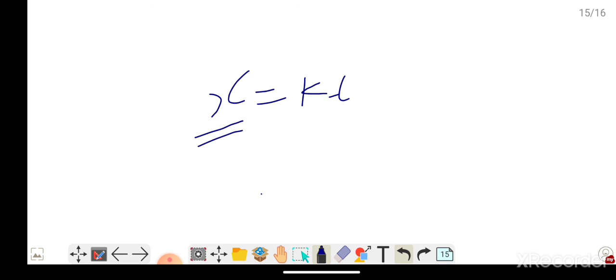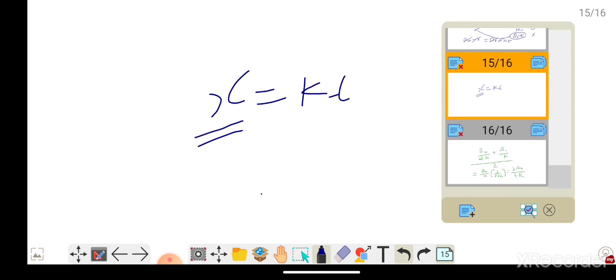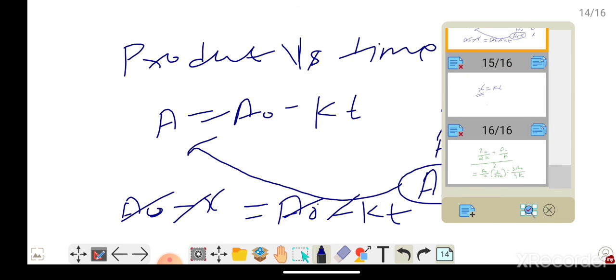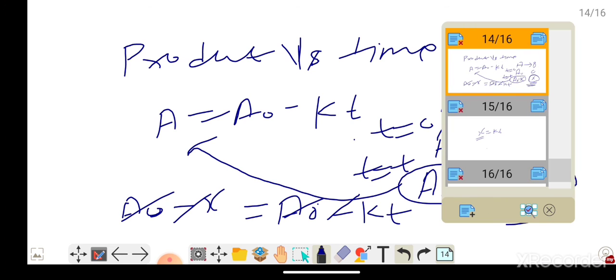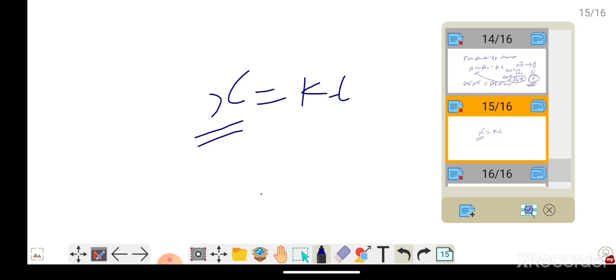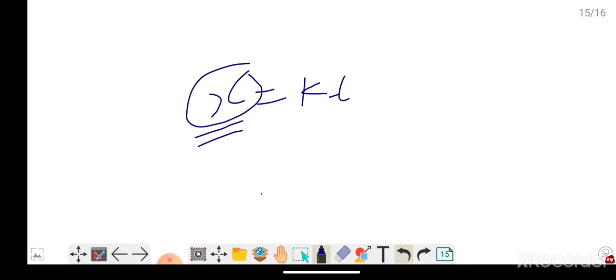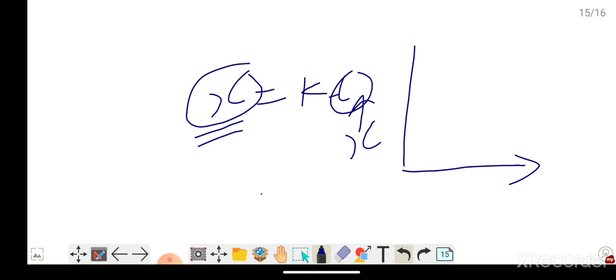And what is this X? This X is the concentration of the product at time T. At time T is equal to 0, and at time T is equal to T, the concentration of product is X. So this is the concentration of product and this is time. The product versus time graph is drawn like this. Here x is equal to kt, a y is equal to mx type graph.